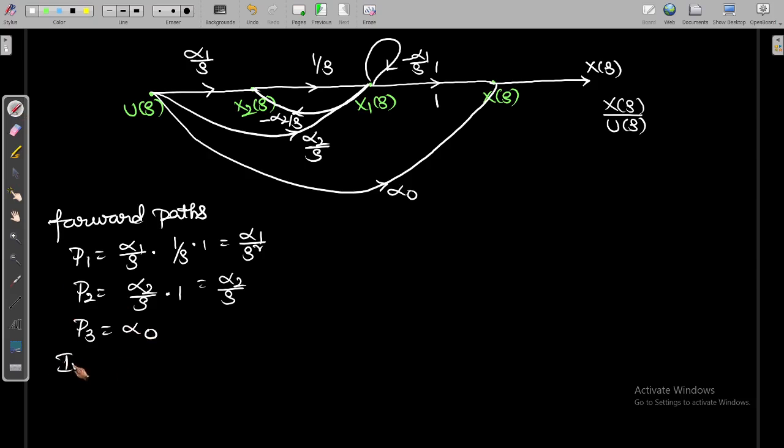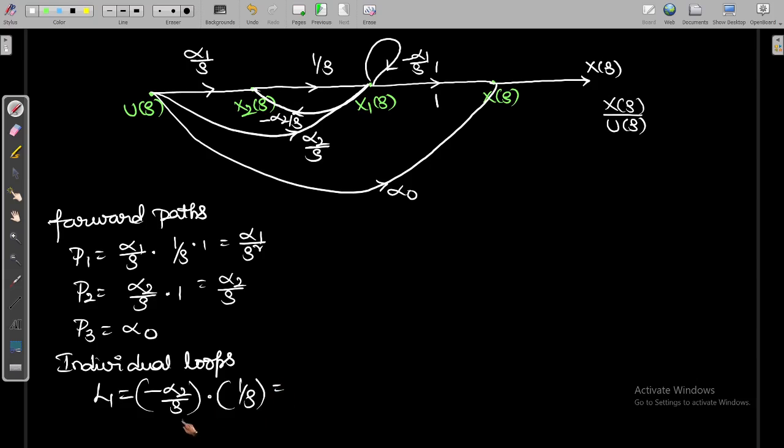Now you have to find the individual loops. L1 is equal to minus alpha 2 by s into 1 by s. This is the first loop we are considering.